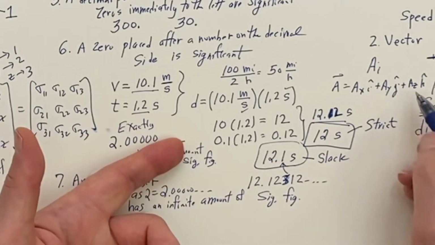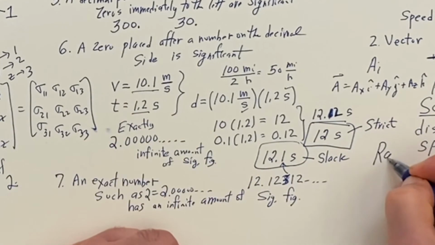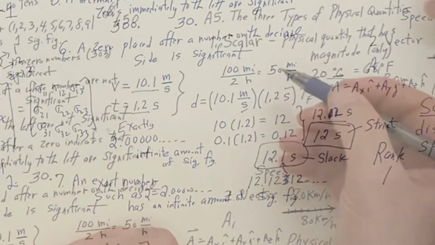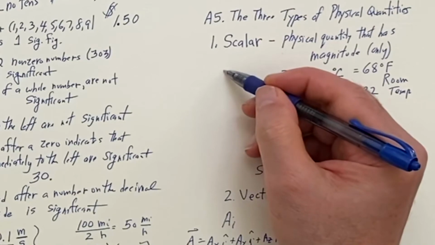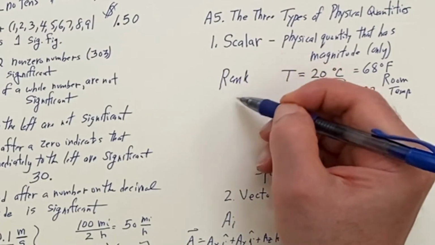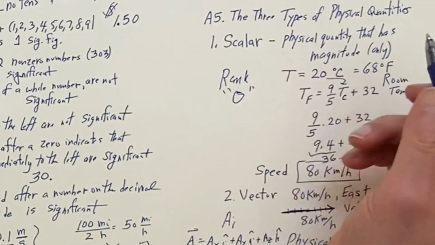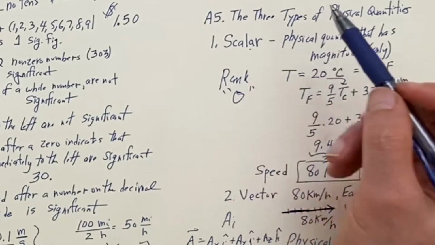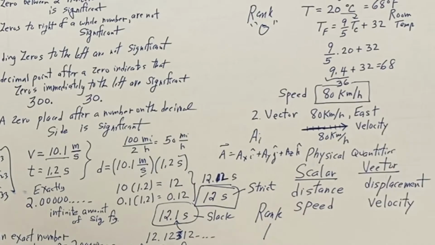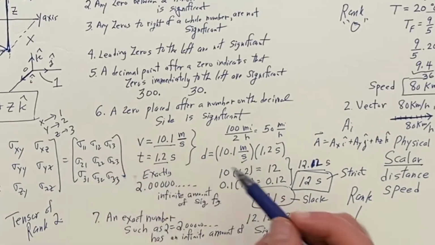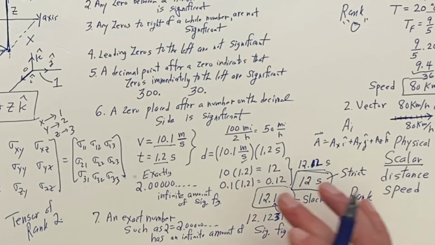You got 1 subscript, this is a tensor of rank 1. Here you have no subscripts, just a temperature. So that's a tensor of rank 0. So you can consider them all tensors, where the scalar is a tensor of rank 0, the vector is a tensor of rank 1, and the tensor of rank 2 is a stress, as an example, stress tensor.